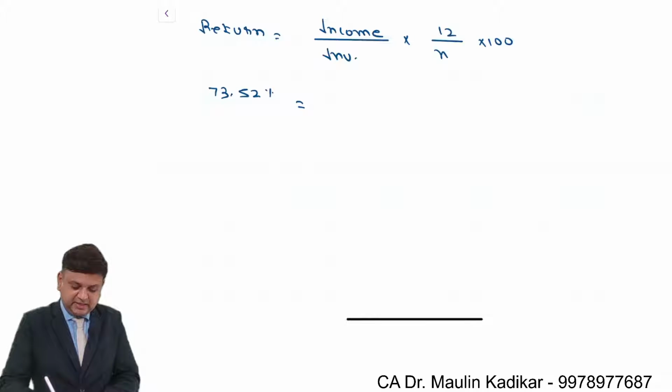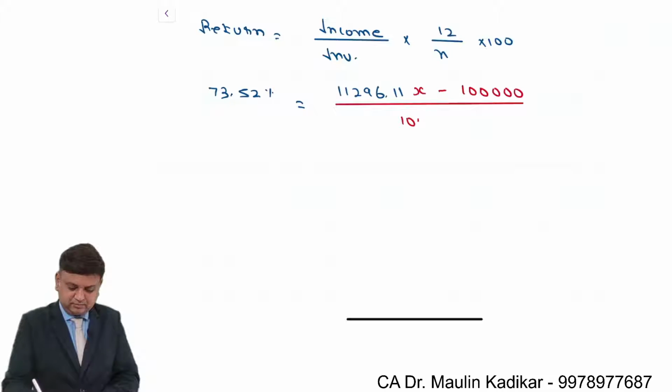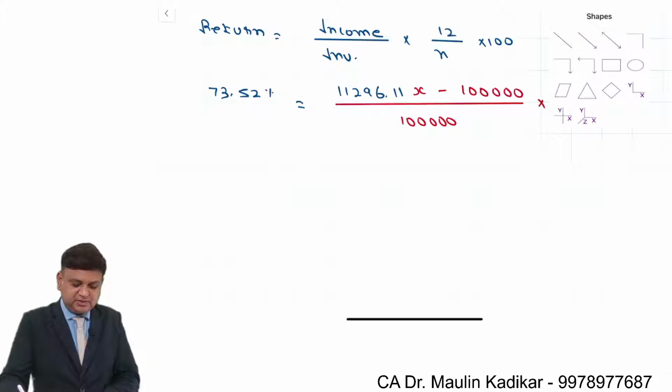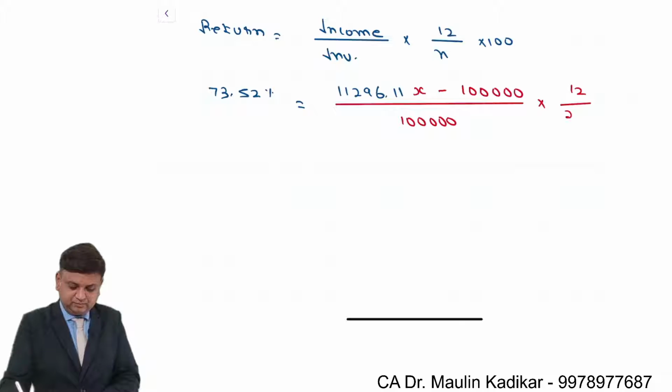Income is 11,296.11 number of units redeemed at the rate of X, minus investment made 1 lakh, divided by again 1 lakh, into 12 divided by 33, into 100 for getting the answer in percentage terms.